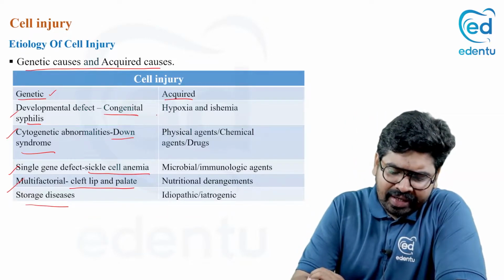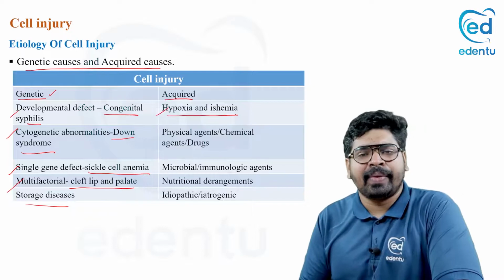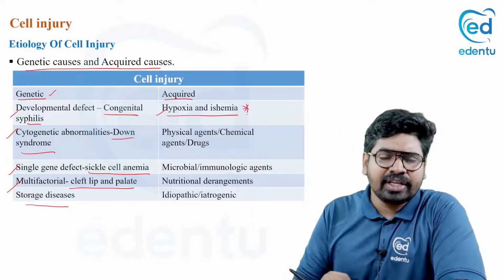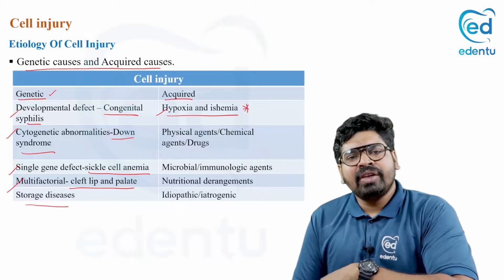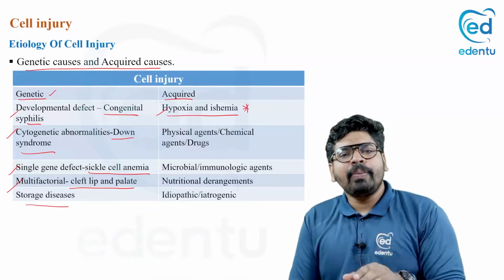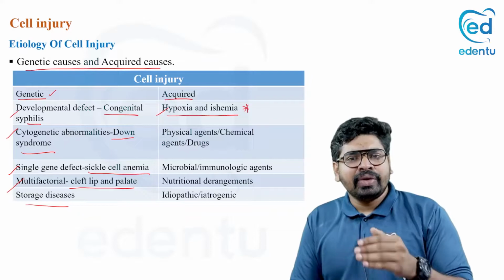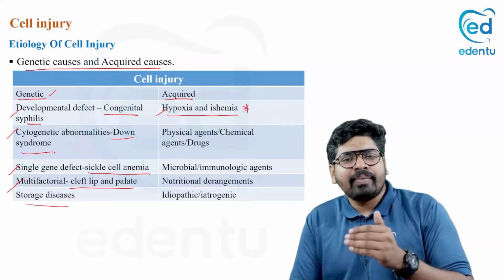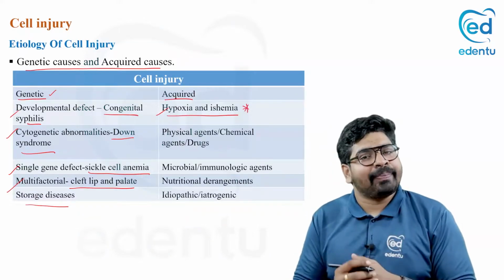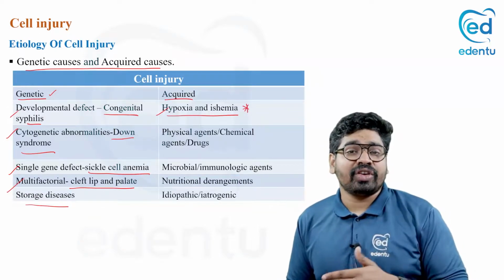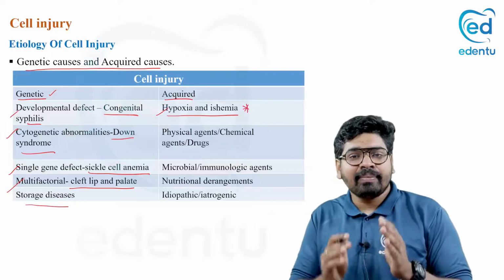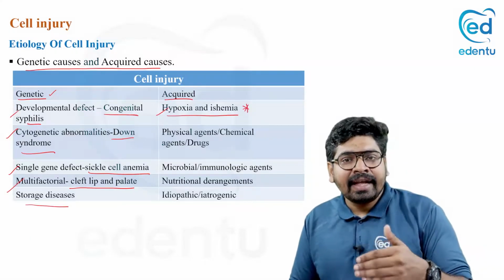Coming to acquired causes, there is hypoxia and ischemia. Hypoxia and ischemia are the main factors that cause cell injury. For the proper function of the cell, you need proper oxygenation and proper vascular supply, blood supply. The blood supply maintains the proper oxygen of a tissue, that makes the cell healthy and lively.